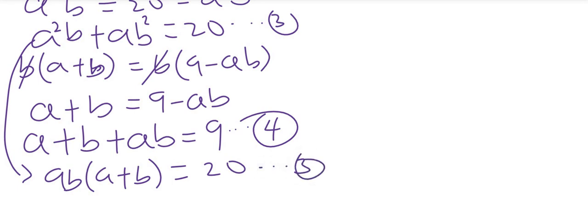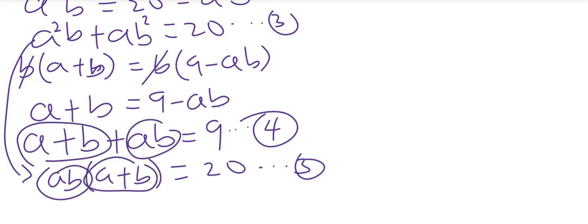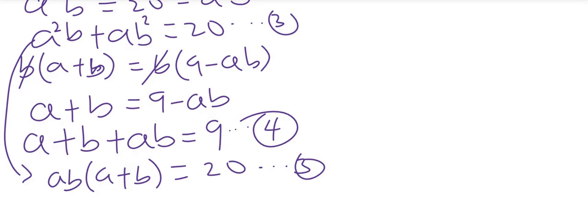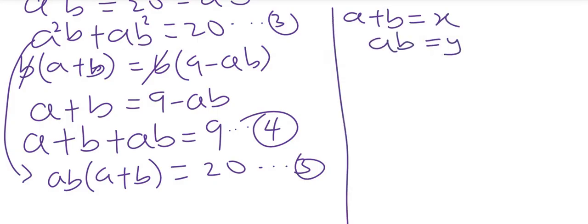Now you can see that they have something in common. There's a plus b, there's also ab, which implies that I can represent a plus b with an alphabet x and ab with an alphabet y.